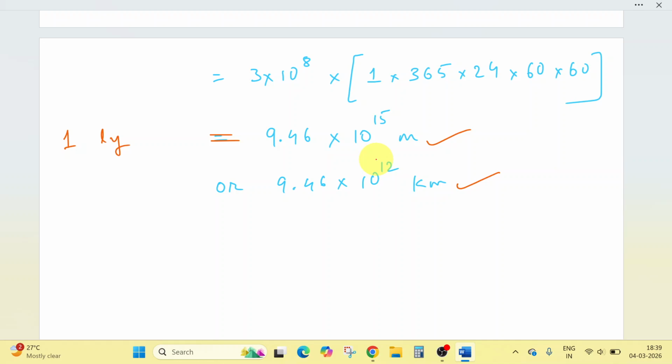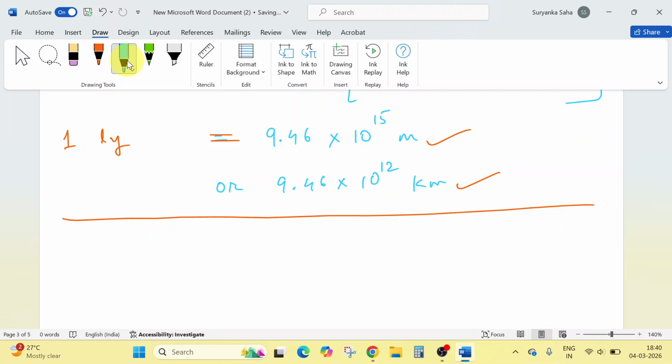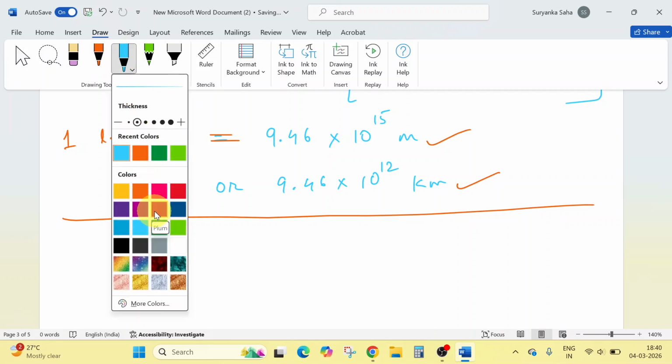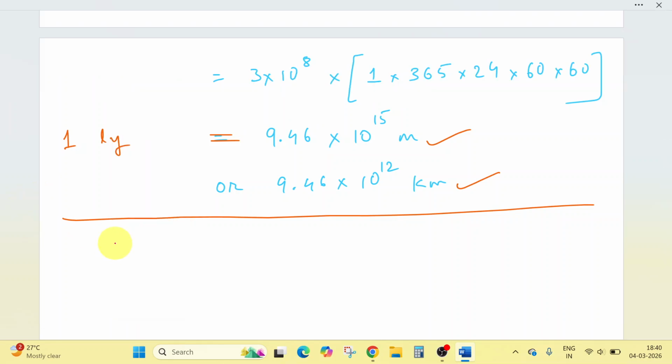I will mention about light minute. Let us calculate light minute or light year also. It is a similar way. One light minute will be equal to how much?